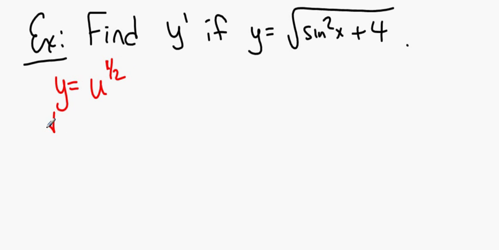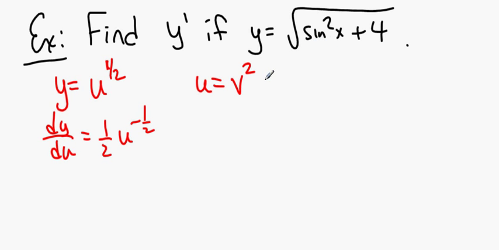Okay, that I can do. But the u has something that's squared, but that thing isn't x. So u is really some other guy squared plus 4, where that other guy is sine x.